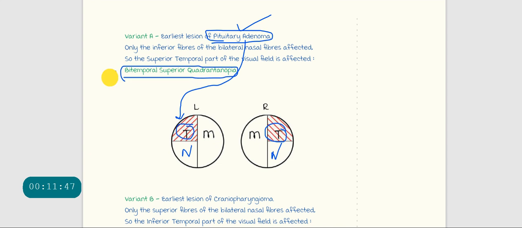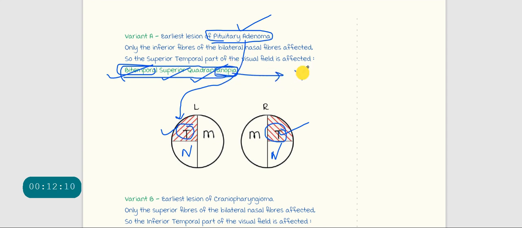Bitemporal because the temporal vision on both sides is affected, and superior because the superior aspect has been disturbed. Quadrantopia is the word used for no vision in that part.